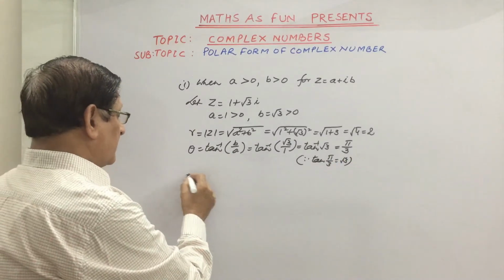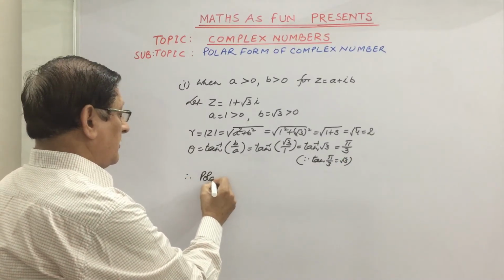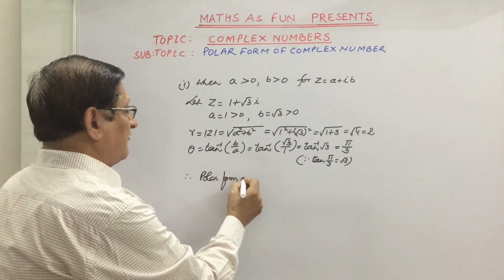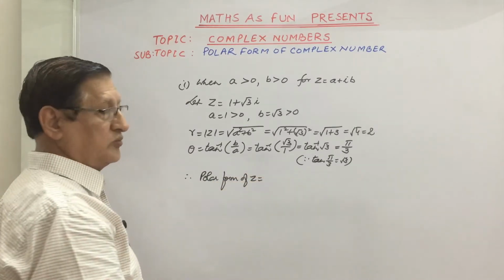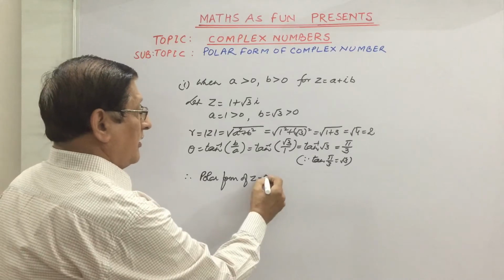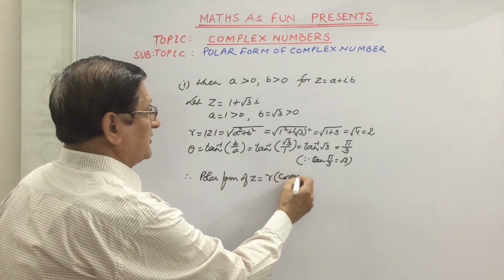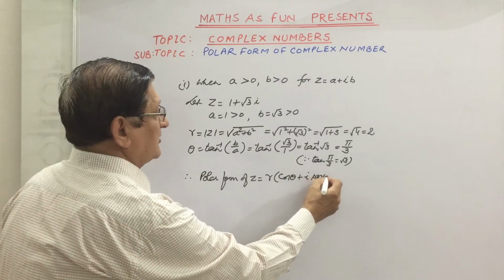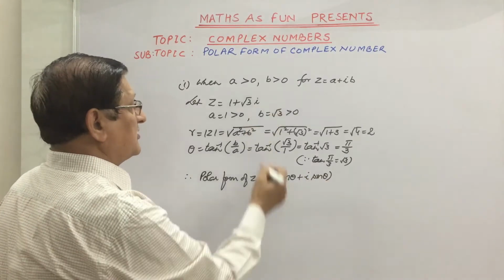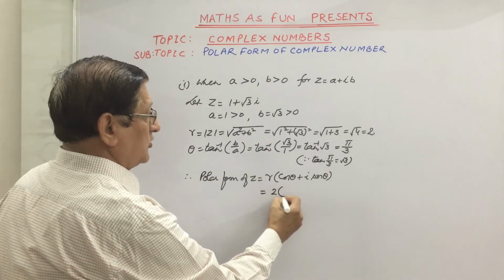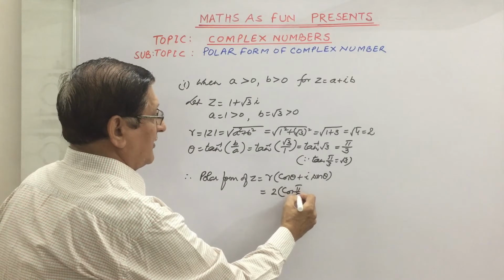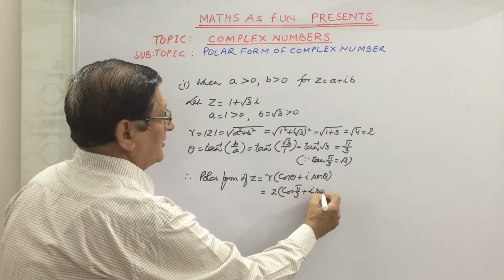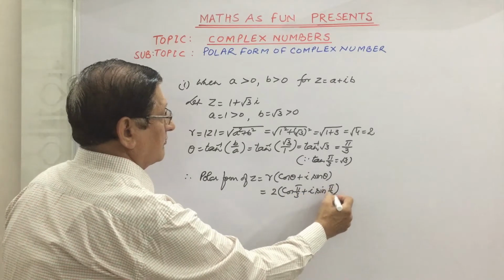And therefore we can write the polar form of z is equal to r into cos theta plus iota sin theta. In this case, it will be 2 into cos of pi by 3 plus iota sin pi by 3.